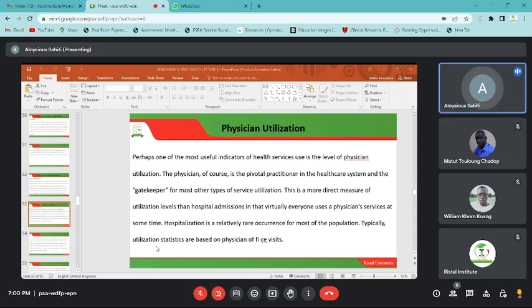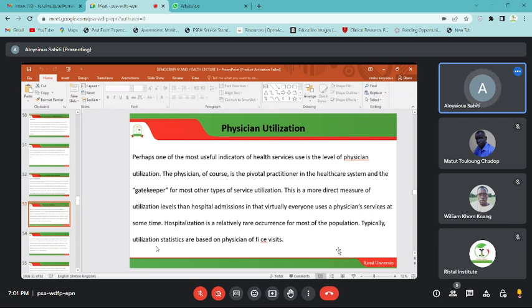When I'm talking about health service utilization, we're trying to understand how many people actually seek healthcare services from the different healthcare providers. One of the measures we want to use to understand their behavior is what we call physician utilization as an indicator. It is one of the most powerful indicators to use.